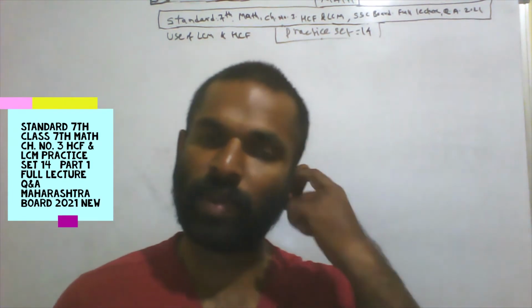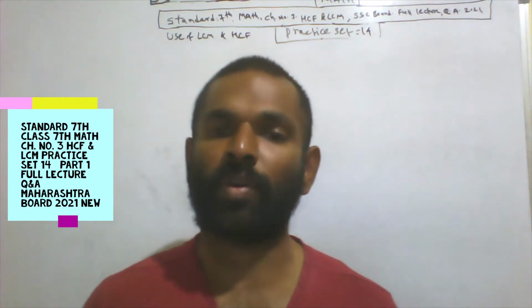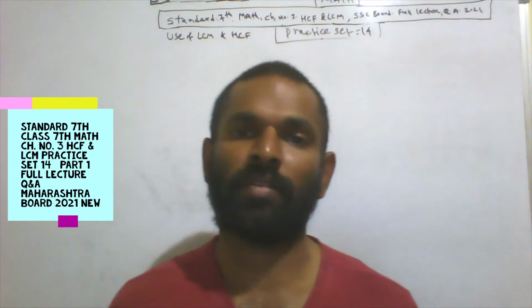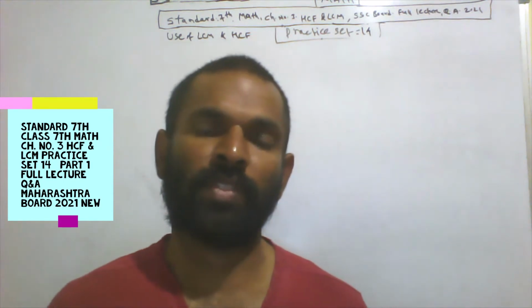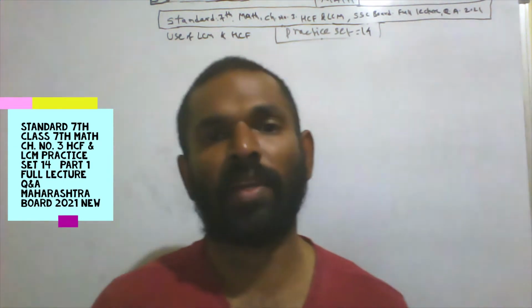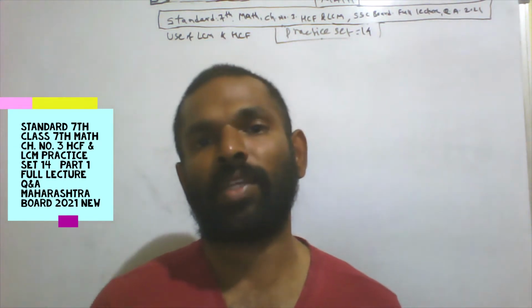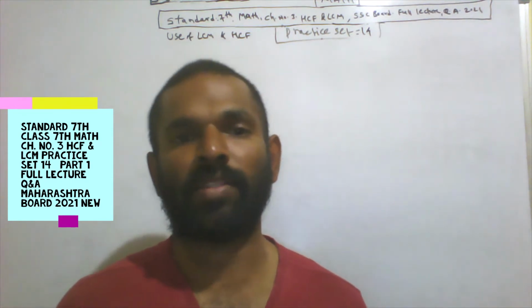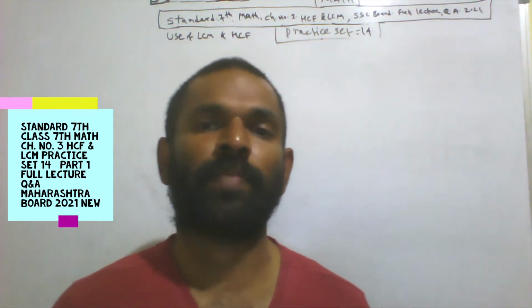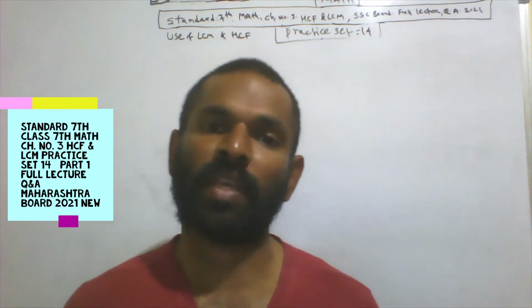In the last standard, we learned the horizontal method. In this standard, we have learned the vertical method to find LCM and HCF. Now, in the last practice set of this chapter, practice set 14 is for the use of LCM and HCF.